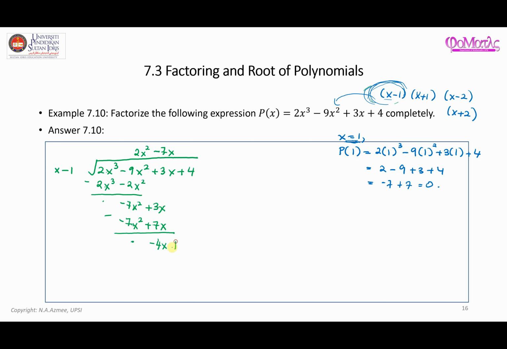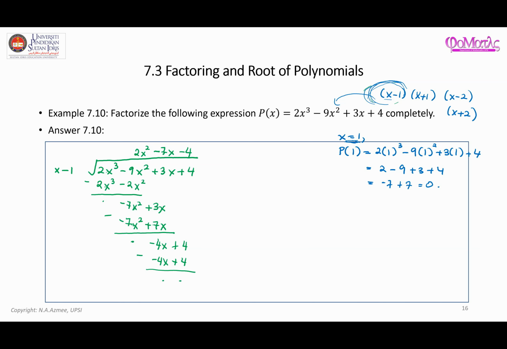Now 4 is coming down. So in order to get negative 4x, I have to multiply x with negative 4. So negative 4 times x, negative 4x, negative 4 times negative 1 is positive 4. Subtract, and so the remainder is 0.